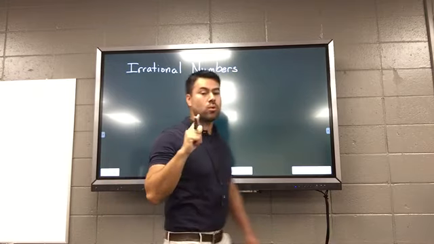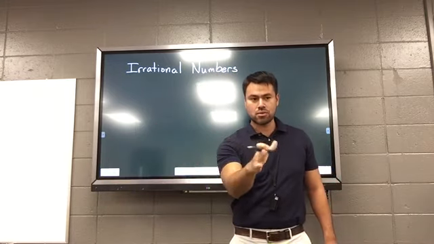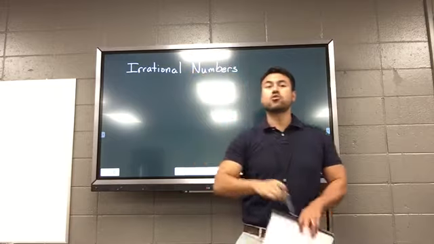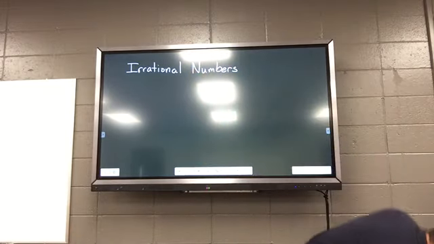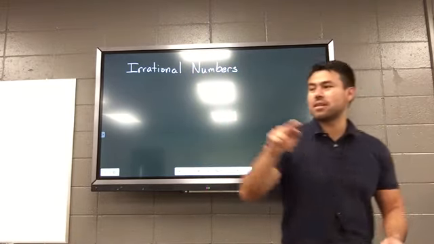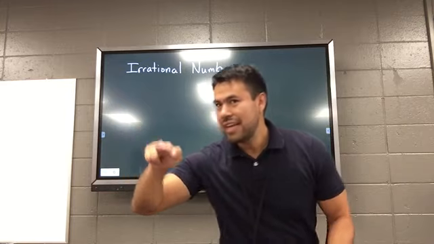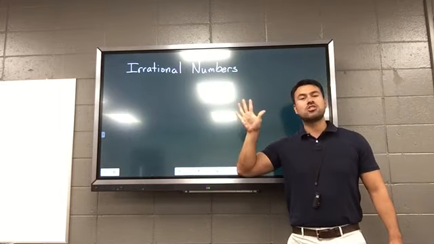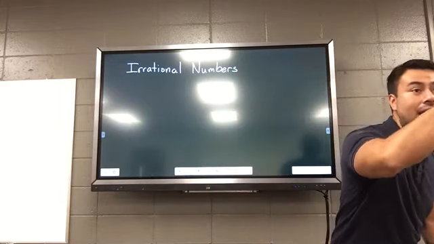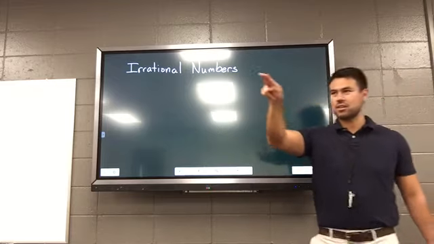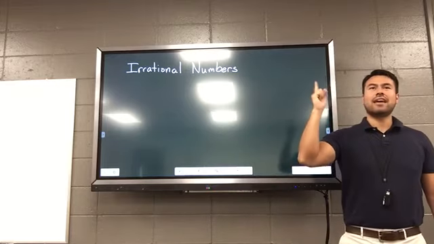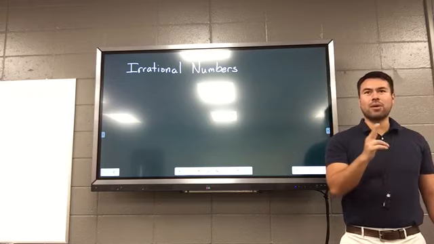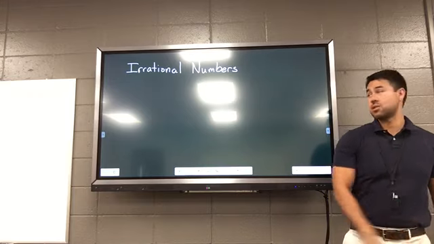The whole definition of rational number, so what you already wrote, there's one thing that needs to change. You remember that underlined part that said can be? In irrational number, all you have to change it to is cannot be. That's all you have to change. It cannot be written as a fraction in the form a over b, where a and b are integers and b does not equal 0.